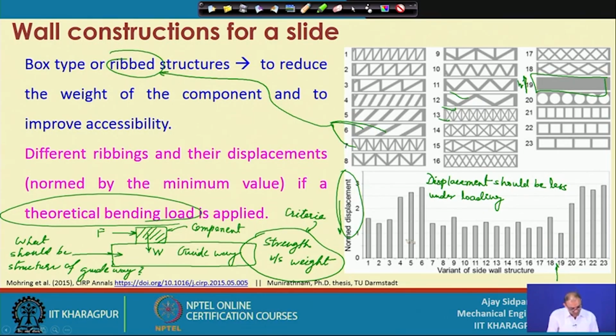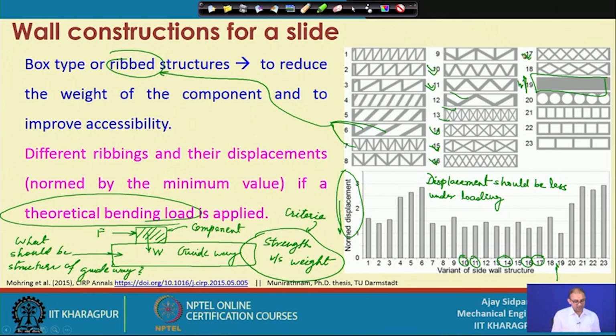Now if you see this particular line, there are many options: 10, 11, then 16, 17, 14. These are the important structures.